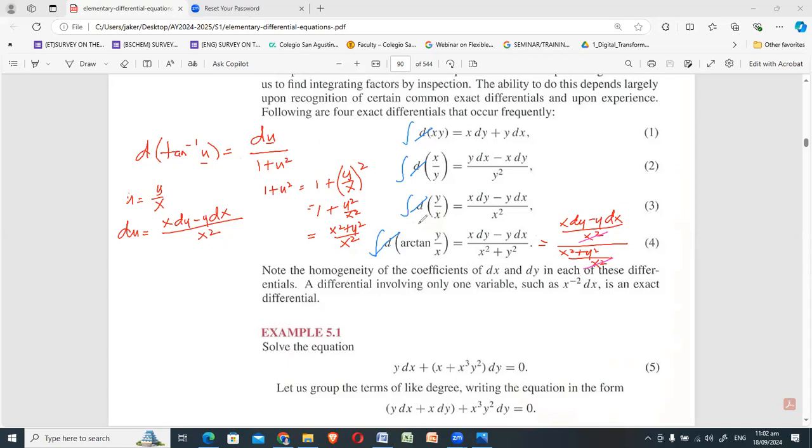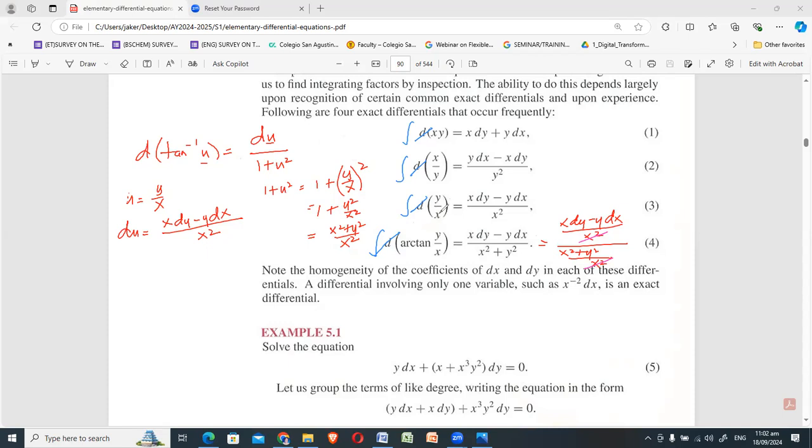And the rest of the terms can only be integrated if the coefficient of a differential contains only the variable present in that differential. So if it's a dy, it should only be multiplied by an expression in terms of y for you to be able to integrate it.